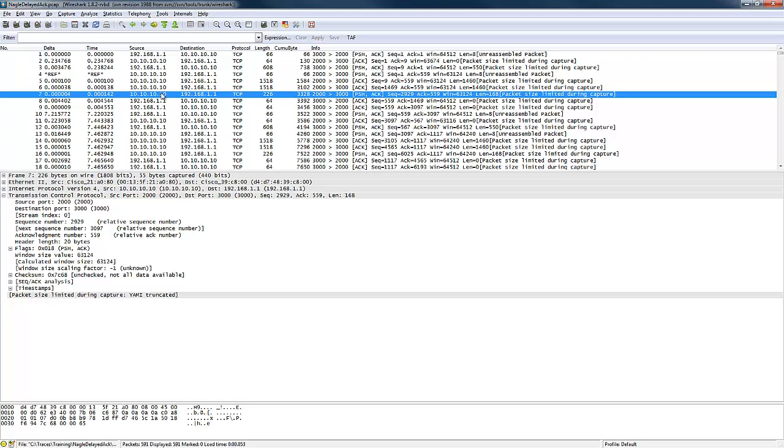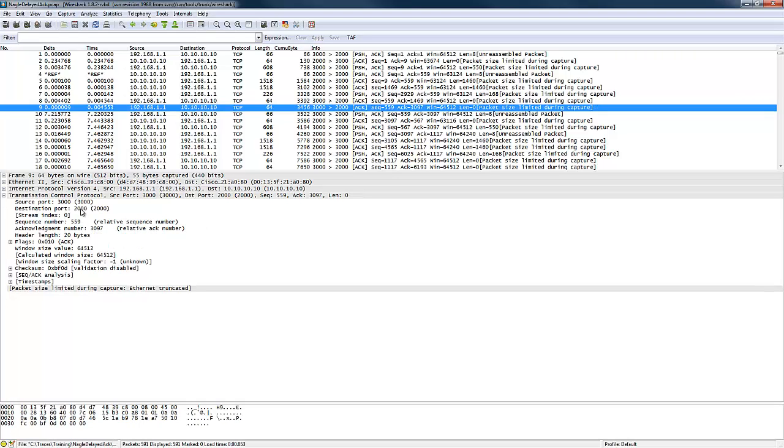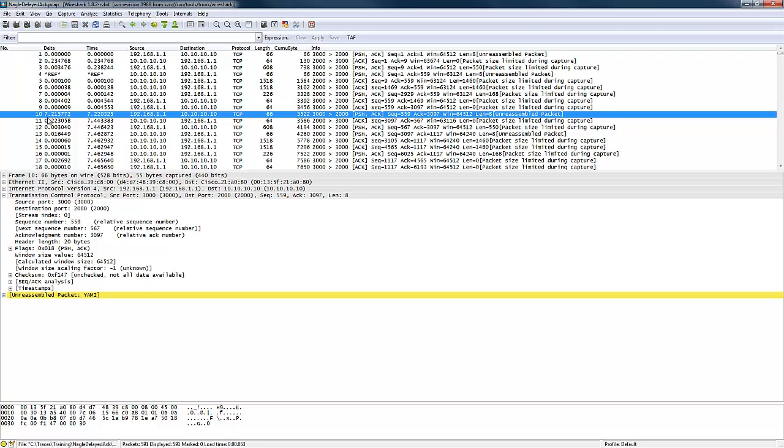When 7 arrived, next expected 3097, and of course the acknowledgement number is 3097. At this point, we are all caught up. There are no outstanding bytes on the wire. Okay? So that means when we look at the next packet here, there's a delta of 7 seconds.